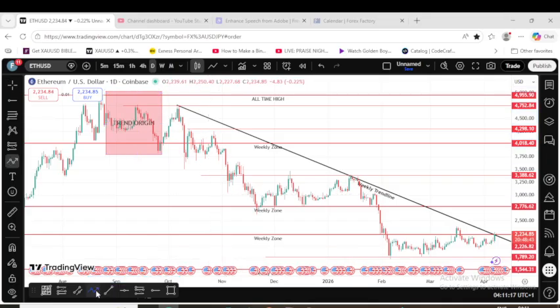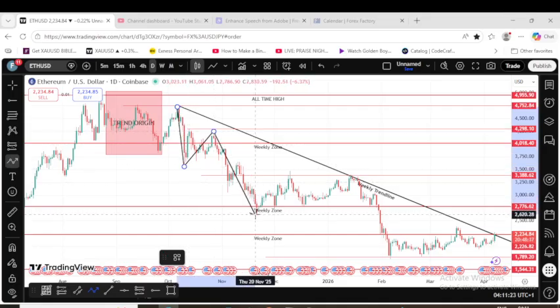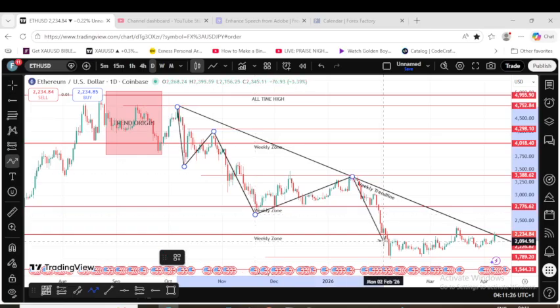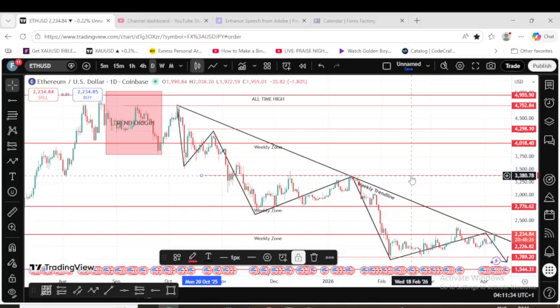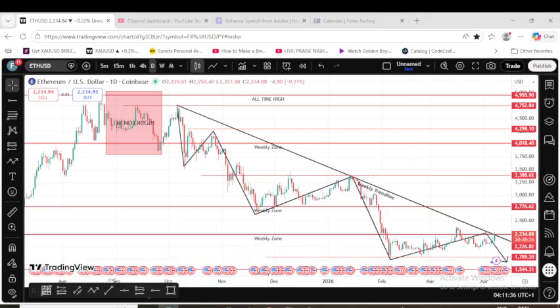And in our market structure, we'll see correction, impulse, correction, impulse, followed by correction. So we should be expecting an impulse. I mean, mark out my swing highs and my swing lows.